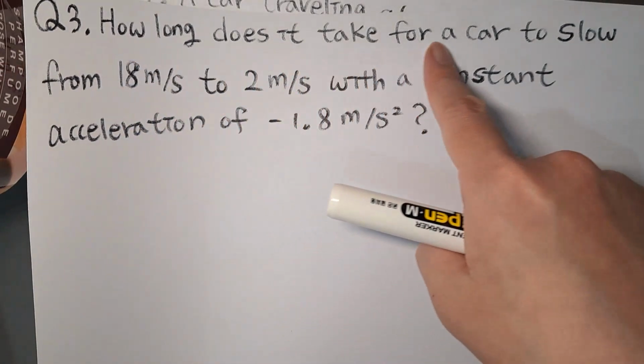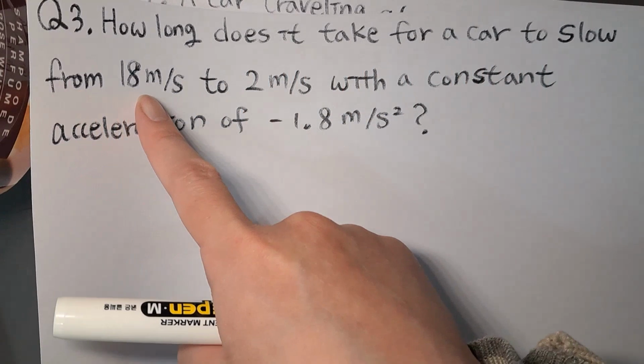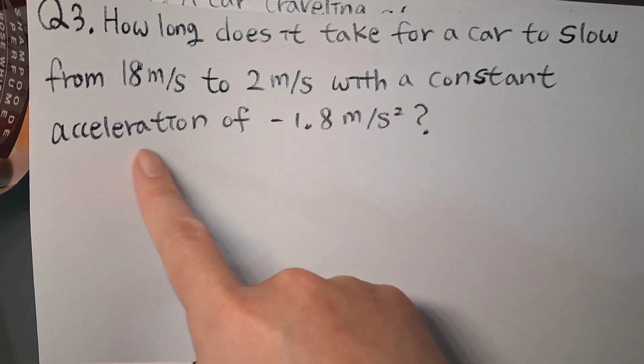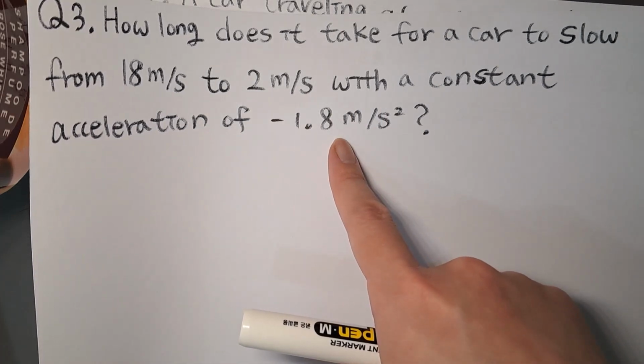How long does it take for a car to slow from 80 meters per second to 2 meters per second with a constant acceleration of minus 1.8 meters per second squared?